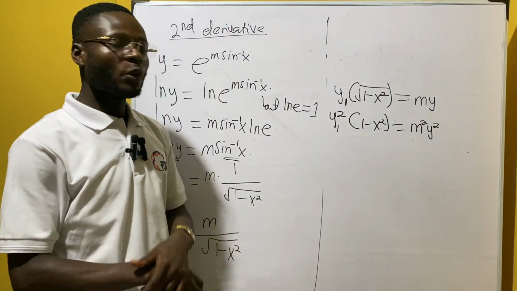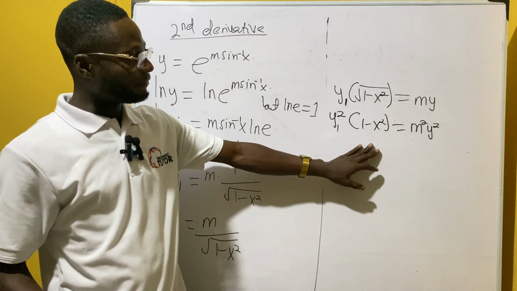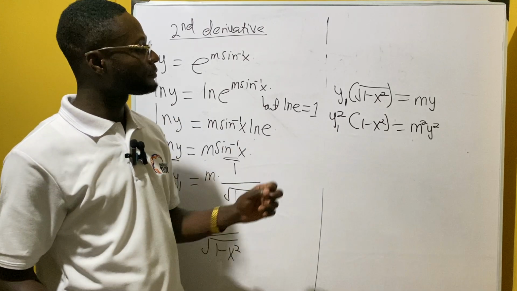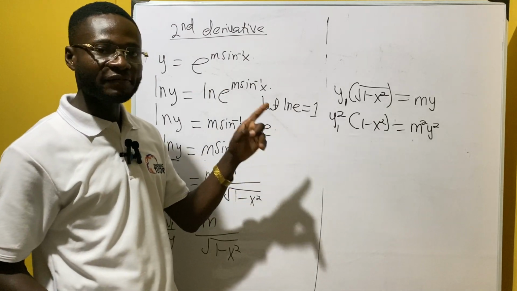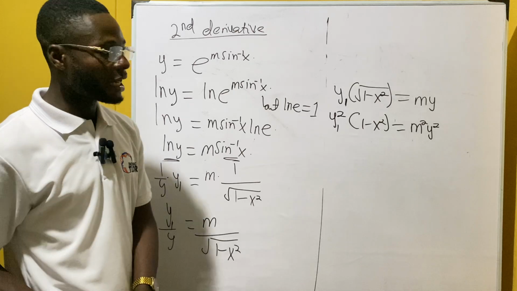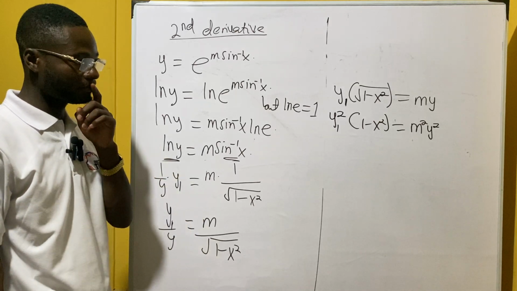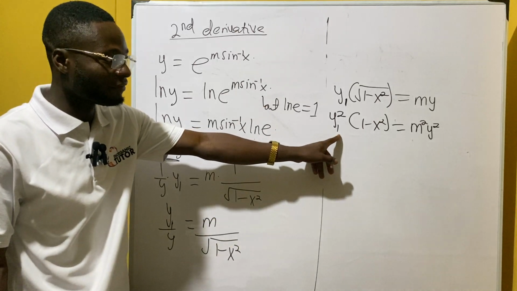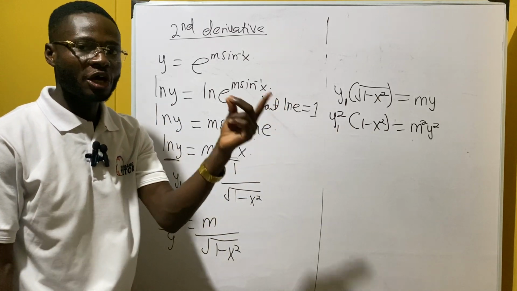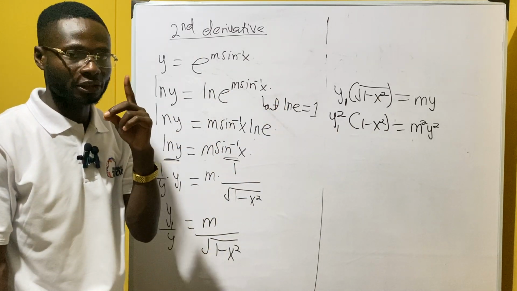So now this is our first derivative. We have to go ahead and find the second derivative, because that is what we are interested in. This is a function, this too is a function, so two functions multiplying, we have to apply the product rule.